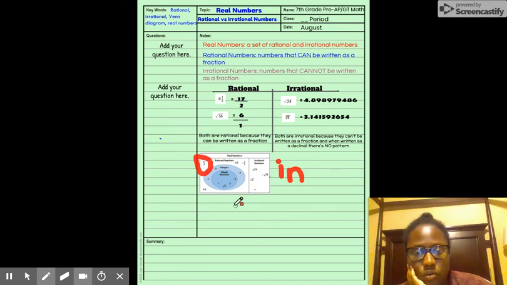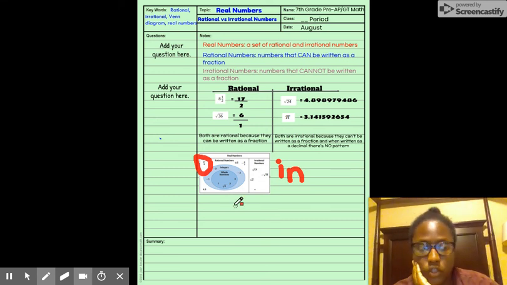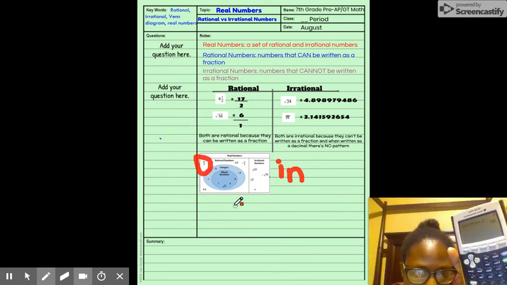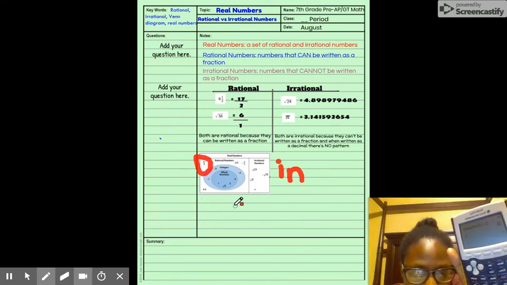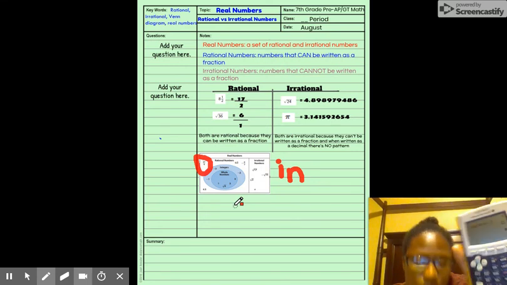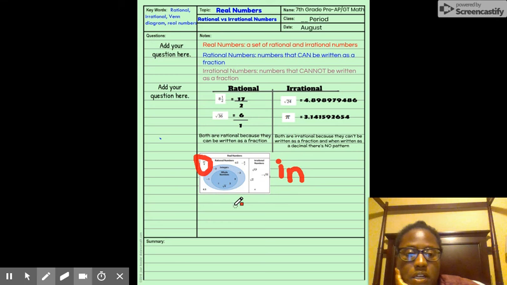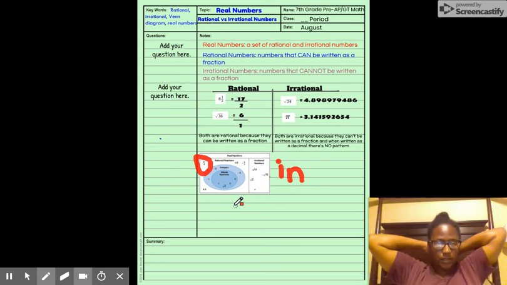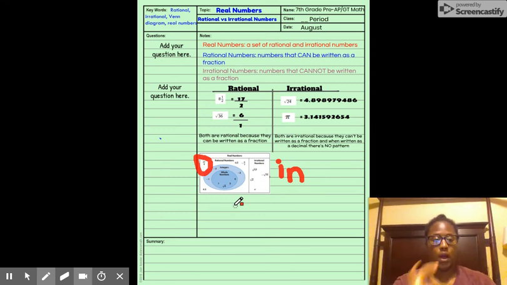But if I do square root of 4, square root of 4 is 2. So 2 is a whole number. Sorry, it's backwards. So that ends up being a whole number. So anytime you have a square root sign, you need to make sure that you actually write it all the way down.